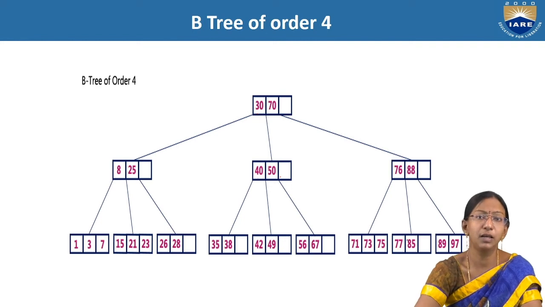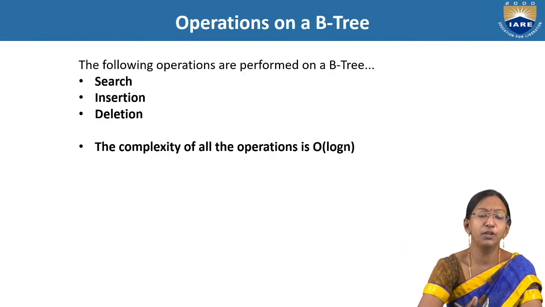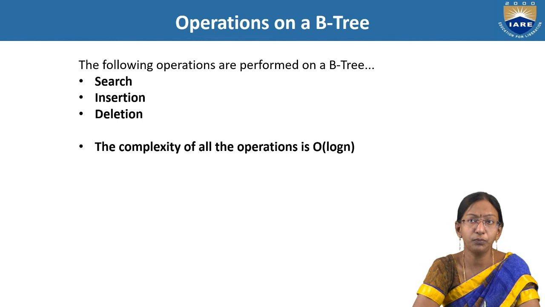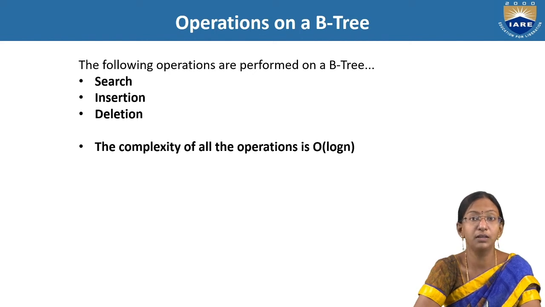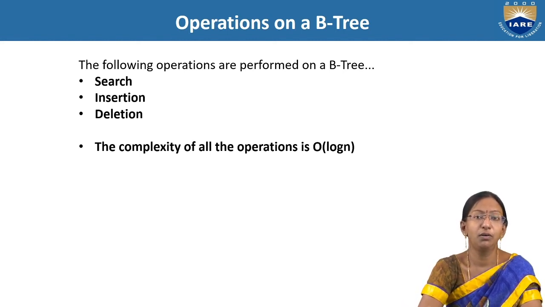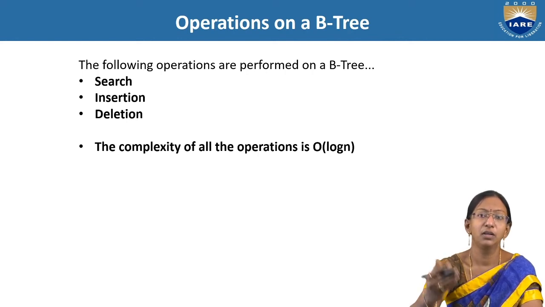The basic operations that we can perform on a B tree are search, insertion and deletion. And the complexity of all these three operations is O(log n), which is very, very small when compared to the remaining trees, like a balanced binary search tree, binary search tree or binary tree.